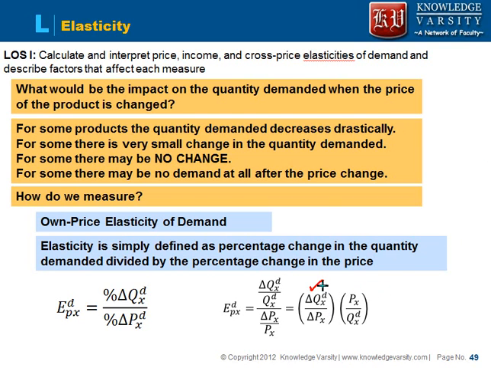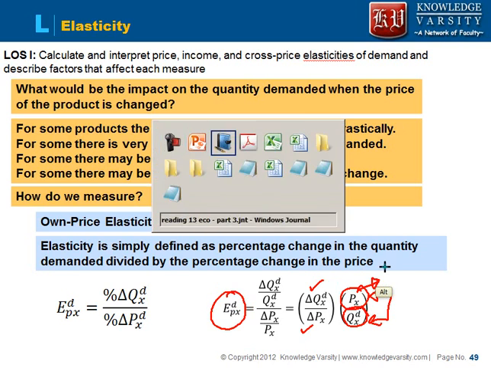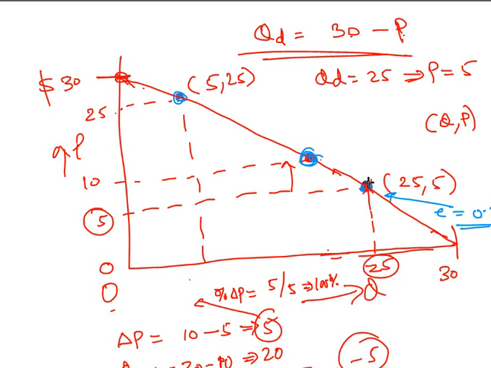So these two will be the same, but the elasticity is dependent on the point where you are, at what price and what quantity. Since these two items are there, the elasticity would depend on your position on the graph. So if you are over here, elasticity will be different. If you are over here, elasticity will be different.